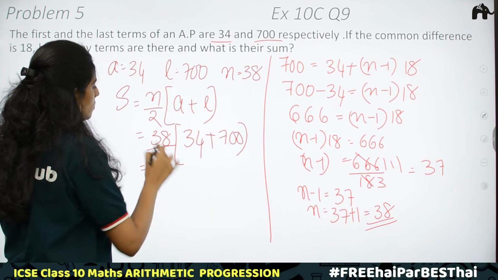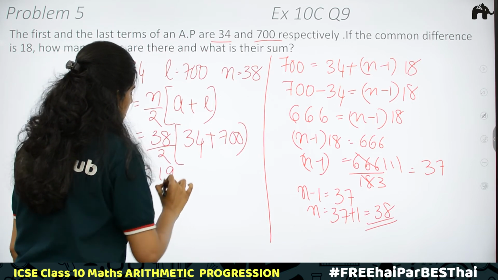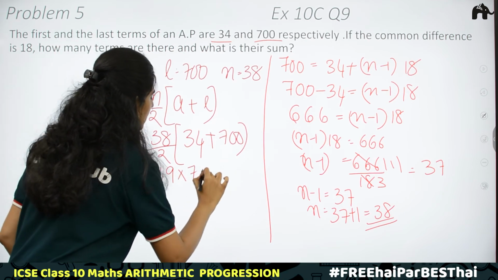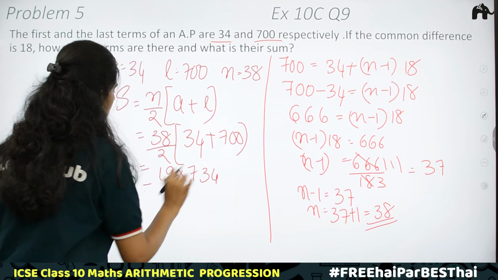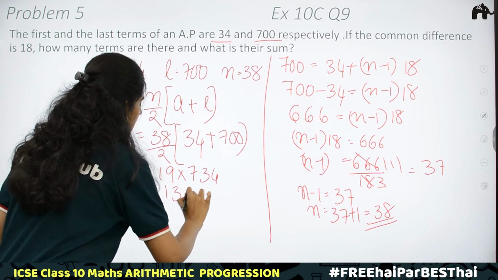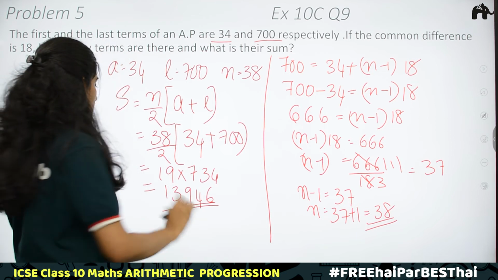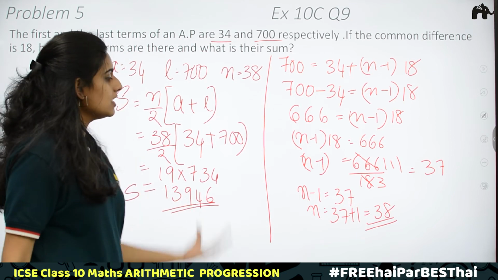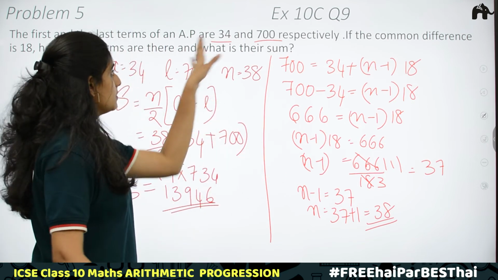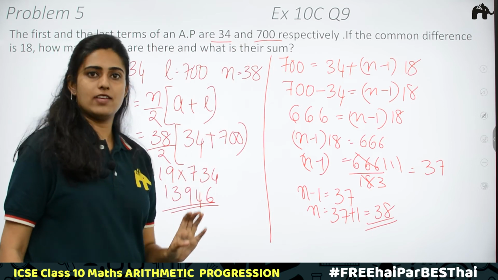That is equal to 38 divided by 2, 19, into 734. What do we get? 19 into 734 we get 13,946. 13,946 is the sum of the first 38 terms of this AP, whose first term is 34, common difference is 18 and the last term is 700.